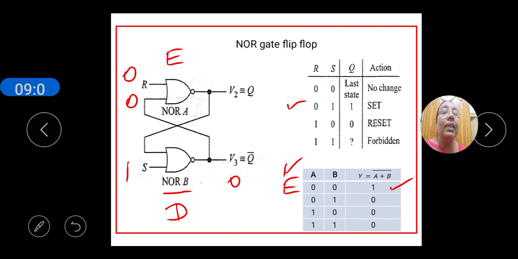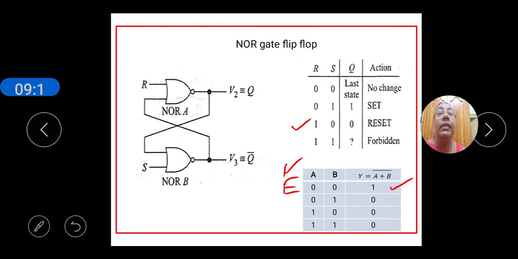Next, the third case is R is equal to 1 and S is equal to 0. So in this case, R is 1, S is 0. You can immediately say that NOR A is disabled and Q is 0.